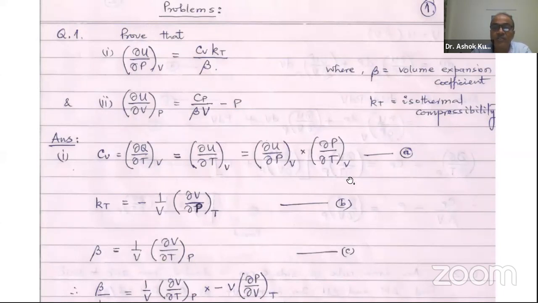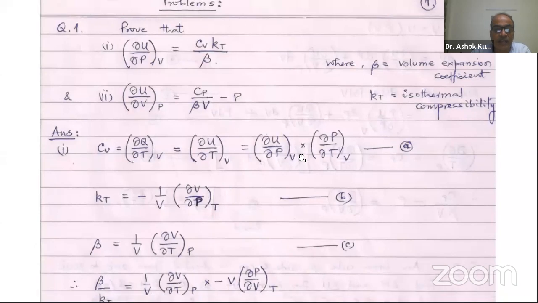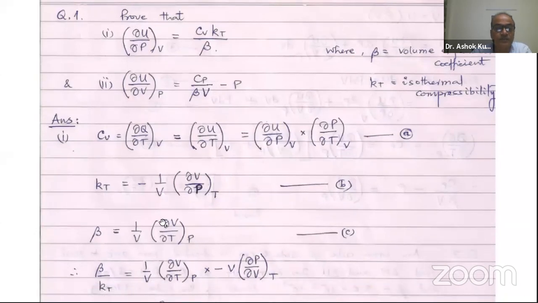Now from these two, the relations can be written like this: beta upon Kt is equal to 1 upon V del V upon del T at constant pressure, into minus V del P upon del V at constant temperature.